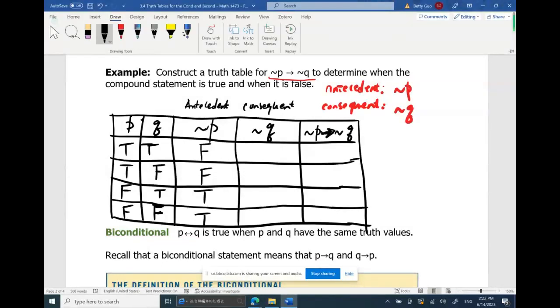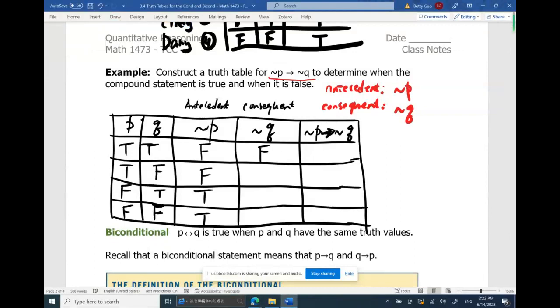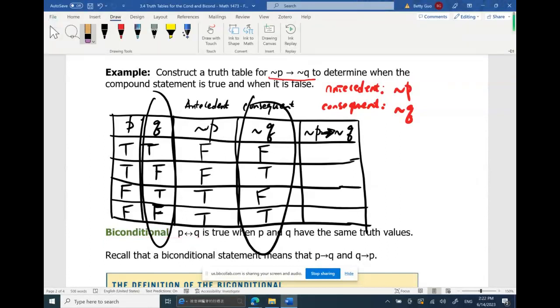Now let's look at not Q. We look at column 2 and column 4. TF, FT, TF, FT. Second column and the fourth column are negations of each other. They should have opposite truth values. TF, FT, TF, FT. Okay, perfect.